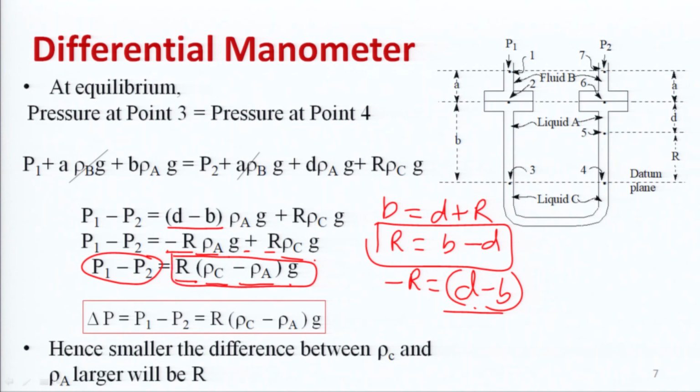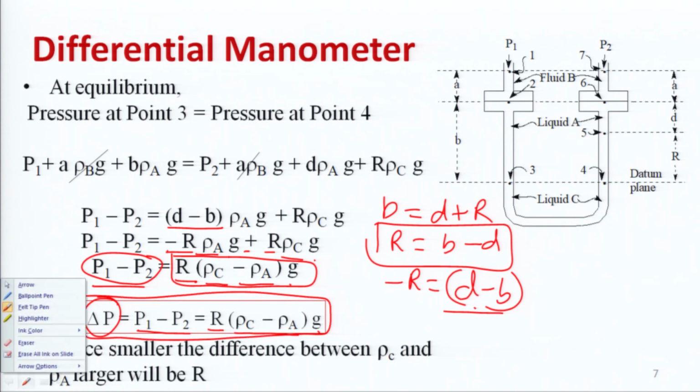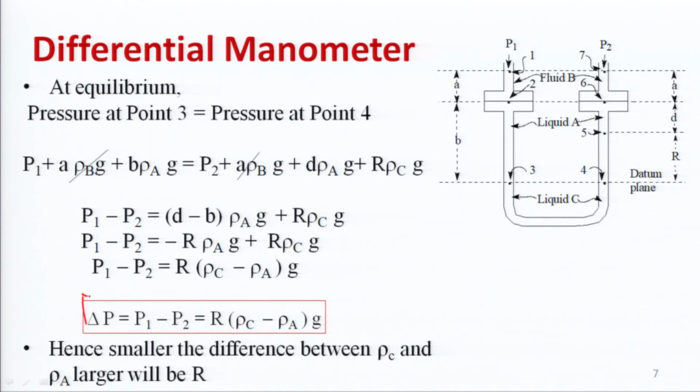Finally, P1 minus P2 we can write as delta P, that is change in pressure: delta P is equal to R (rho C minus rho A) into g. This is the final equation for pressure measurement with the help of a differential manometer.